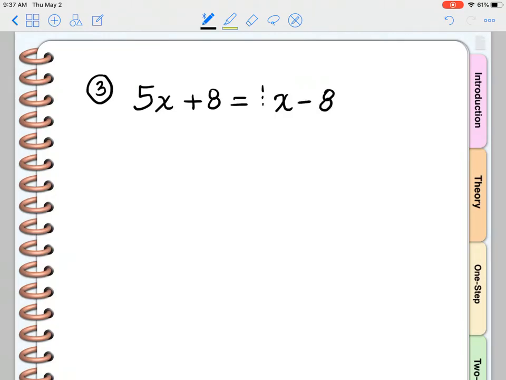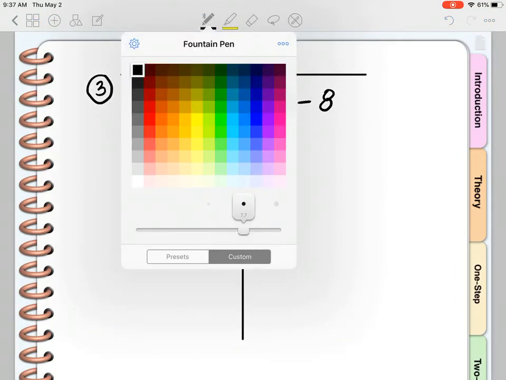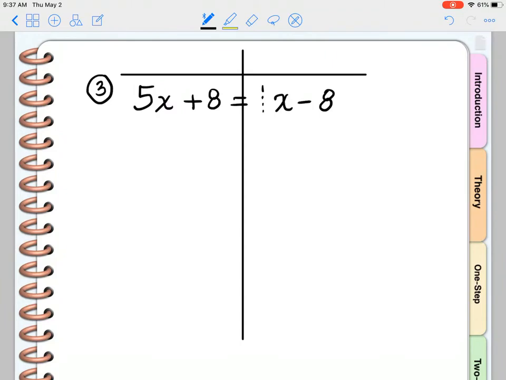And you can put your 1 there with your x, the ghost 1, and then draw your frame. So I have a variable on both sides. Let's look for the boss, and that would be the 5. So 5 is bigger than 1. Let's let this be the variable side, and this will be the constant side.